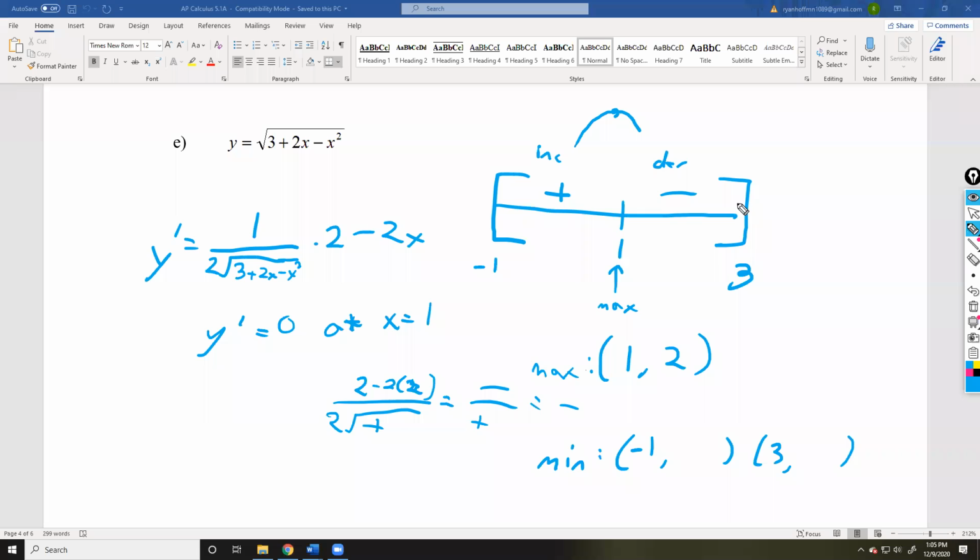Since we have a closed interval, it's going to be like on Monday. I put in -1, I put in 3. On both of them, I get out 0. Hopefully that wasn't too hard to get, because that's where we got the endpoints of the domain anyways. So again, you have 2 homework assignments to do based on that.